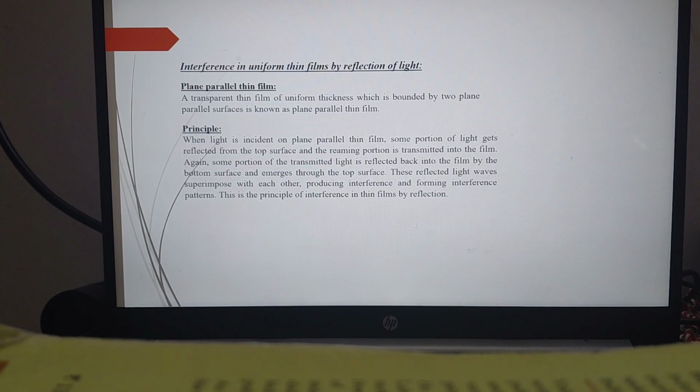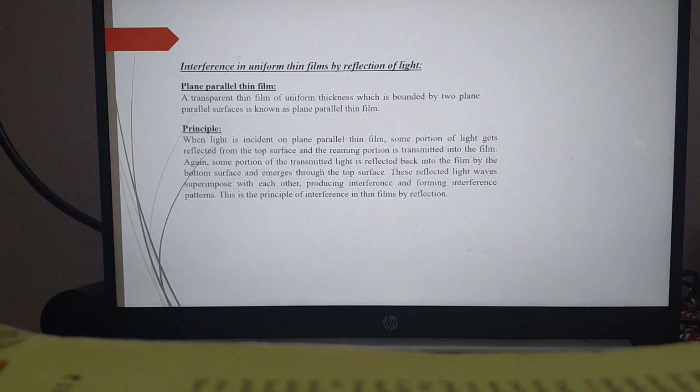So here is one more concept, that is interference in uniform thin films by reflection of light. Based on the interference phenomena, we have the concept of uniform thin films by reflection of light.